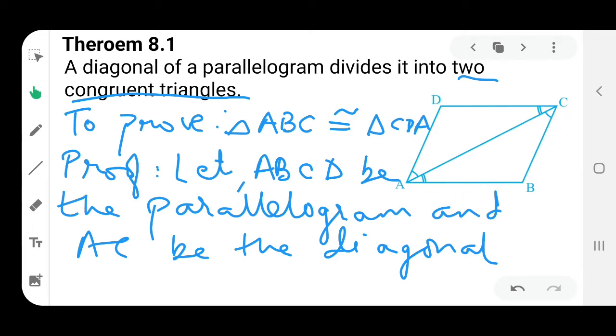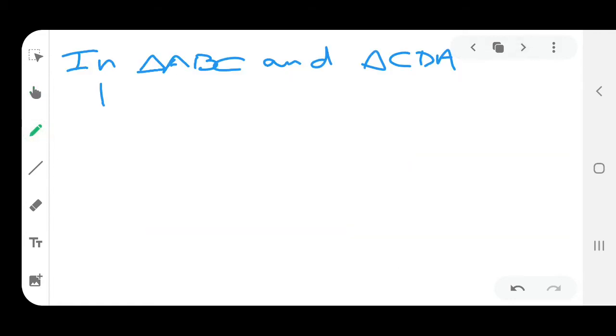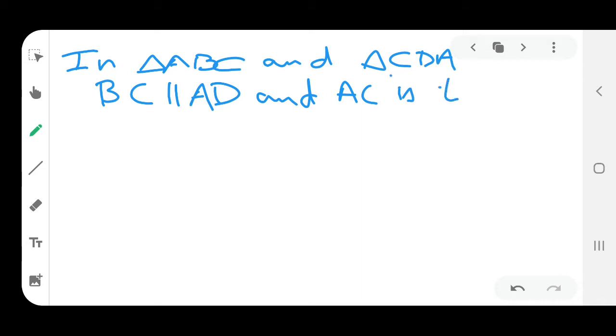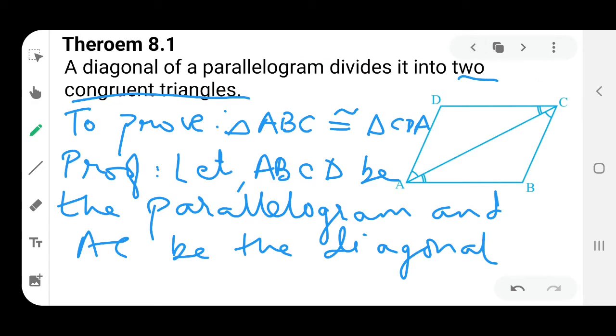So we can write: BC is parallel to AD and AC is transversal. These two pairs of opposite sides AD and BC are parallel to each other, and AC is called a transversal.